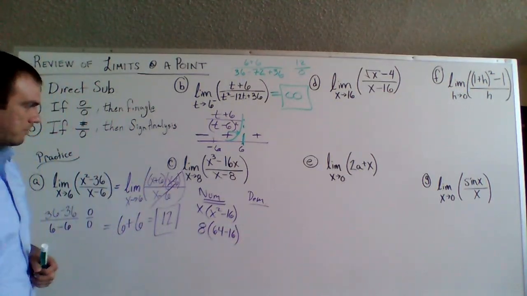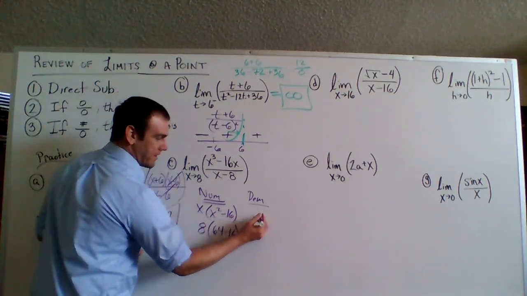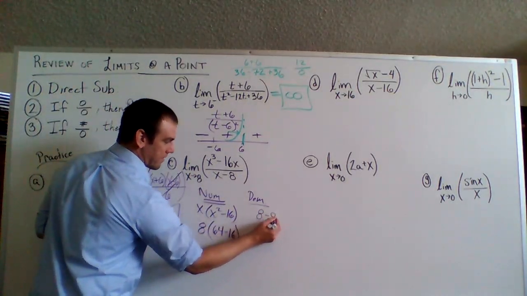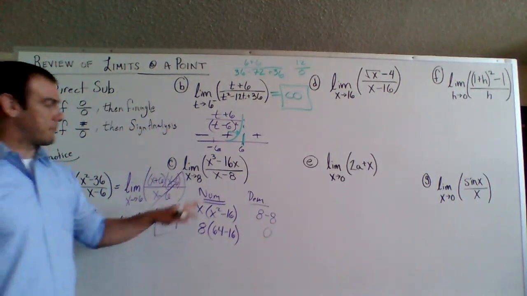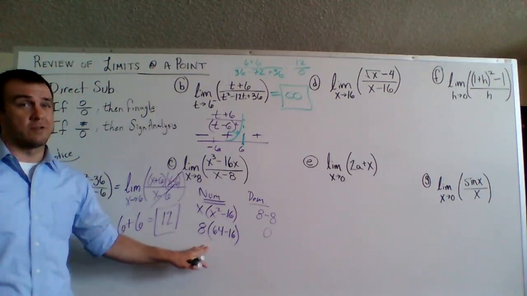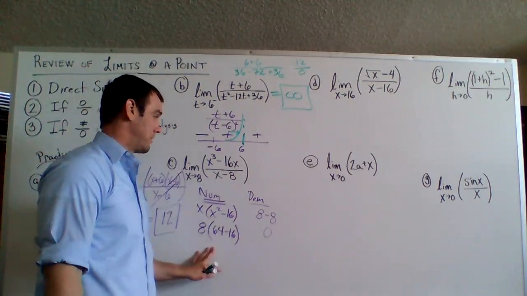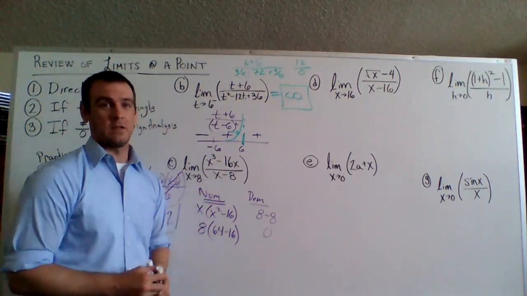These are going to be some pretty gross numbers. But anyways, if I check out my denominator, I've got 8 minus 8, which is 0. So my denominator is going to be 0. This is obviously not going to be 0. It's just going to be some really gross number that I don't want to do. So once again, we're going to have a vertical asymptote here at 8.